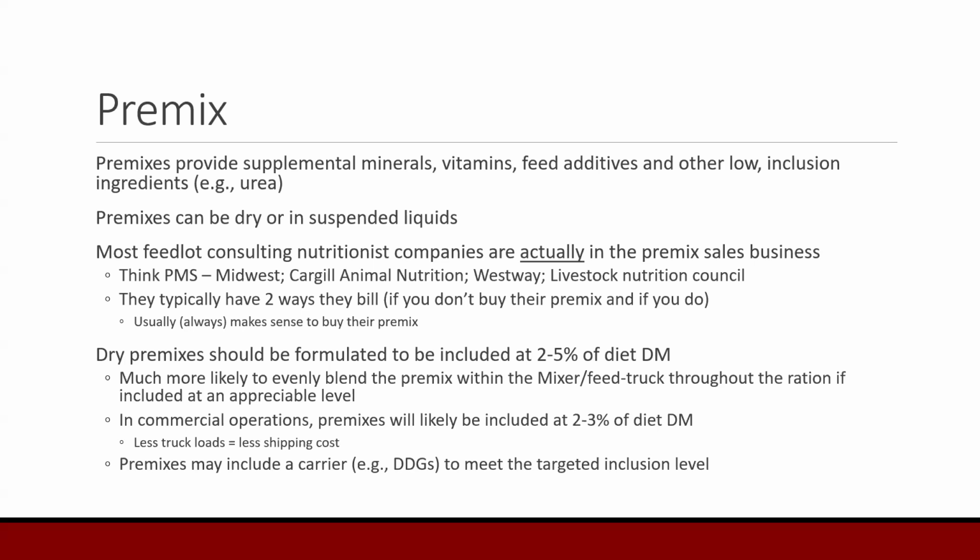Dry premixes, we want to formulate somewhere in the range of 2 to 5% of diet dry matter. Why would we not want to formulate something at 0.5% of dry matter or 1%? I think it says in the slide.